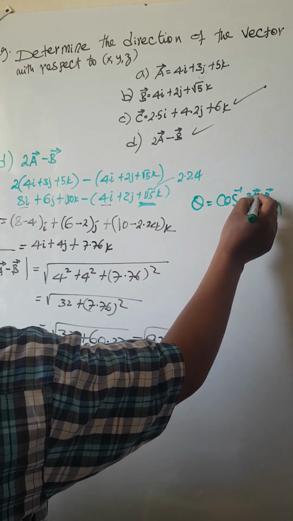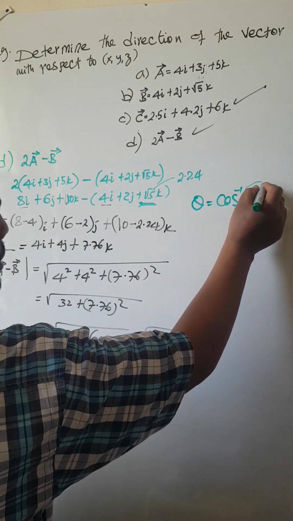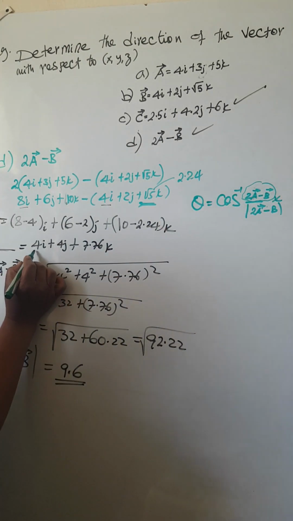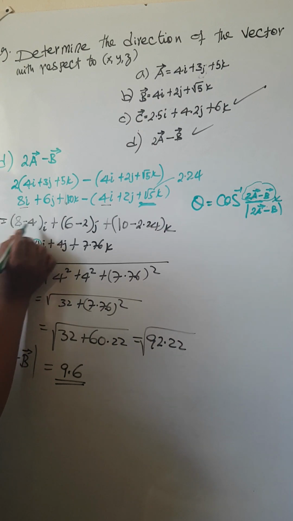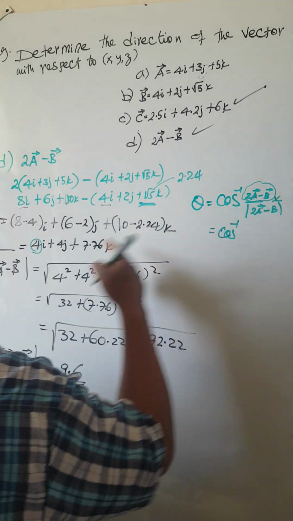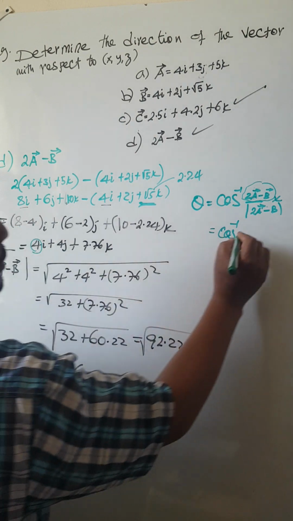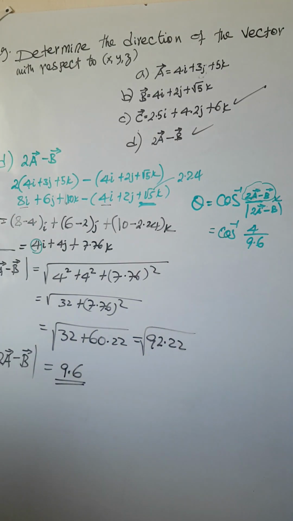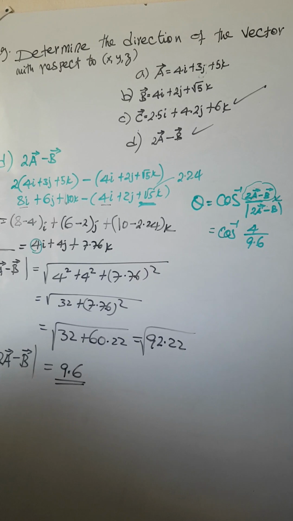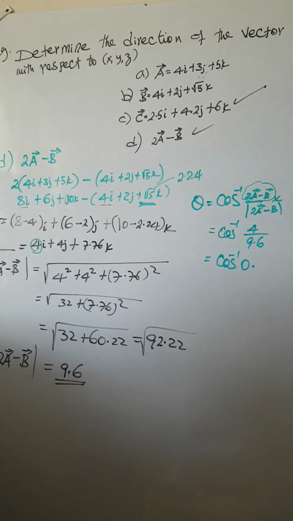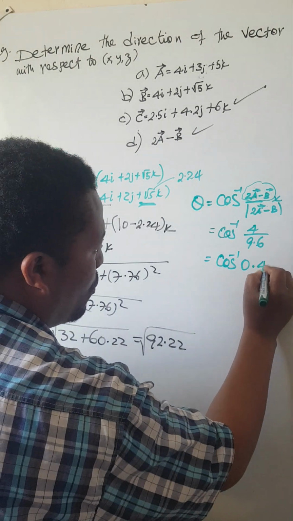The x component of 2A minus B is this one, 4, divided by 9.6. 4 divided by 9.6 is equal to 0.417.